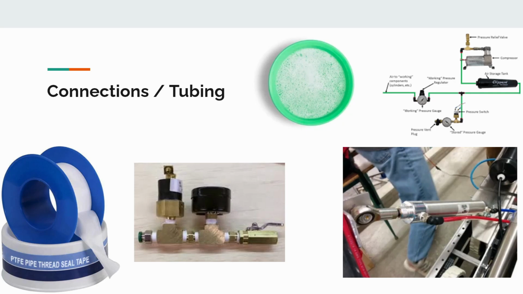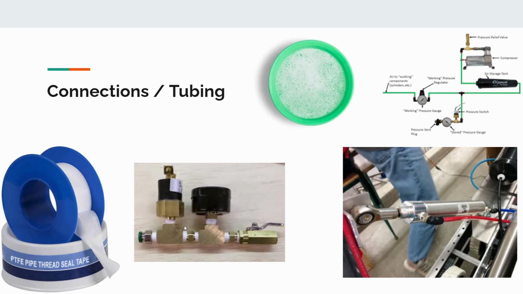The basic troubleshooting step for making sure your loop is completely sealed is filling a bucket full of soapy water, and then using a brush of some sort to apply that soapy water to all of your connections.